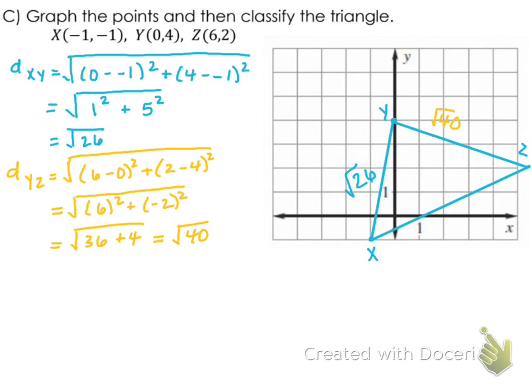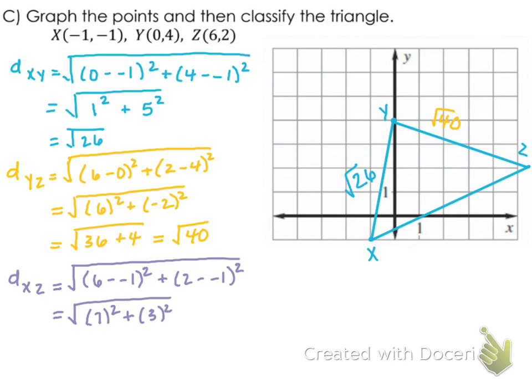So I'm going to label that on my graph. Now I have the distance of XZ, so I plug in those x and y coordinates. Simplify, I get the square root of 7 squared plus 3 squared, which gives me the square root of 49 plus 9. So the square root of 58, and I label that on my graph.